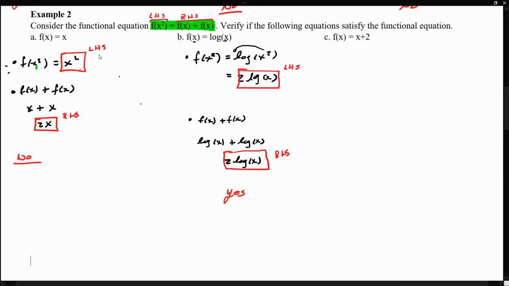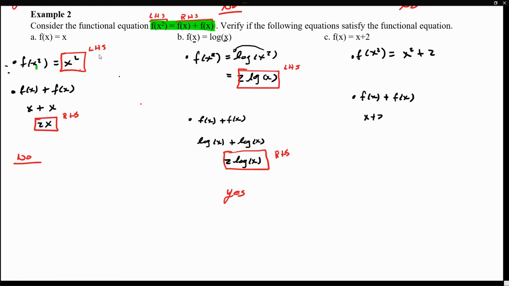Now let's just see what's going on under C. So again, we want to see if it fulfills this condition. So we're going to have f of x squared, which in this case is going to become x squared plus 2. And now we're going to have f of x plus f of x, and f of x in this case is just x plus 2.